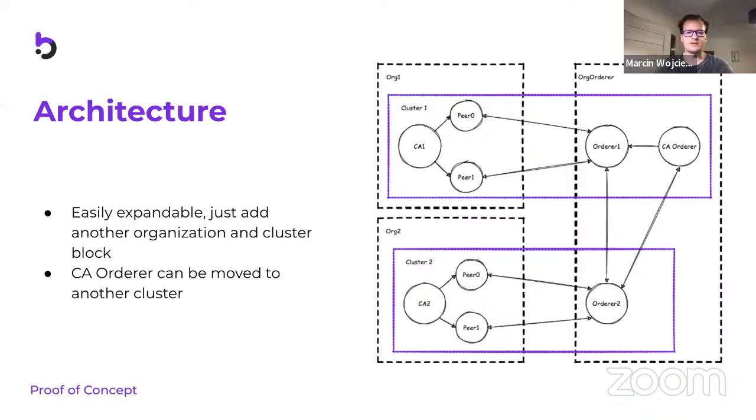This design allows for an easy expand if we move the CA order to another cluster. On the diagram, for clarity purposes, I did not include all of the connections since the peers are able to communicate with each other and with any of the orders. It would create a giant mess on the diagram.